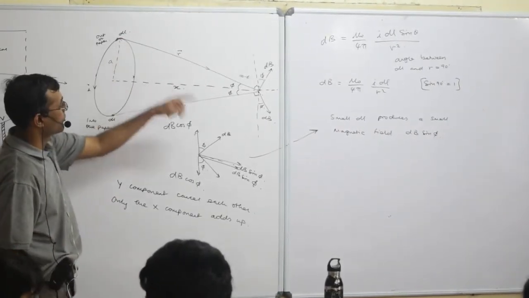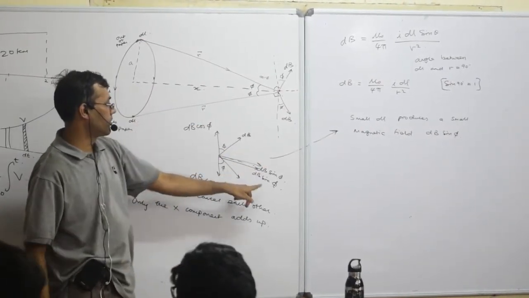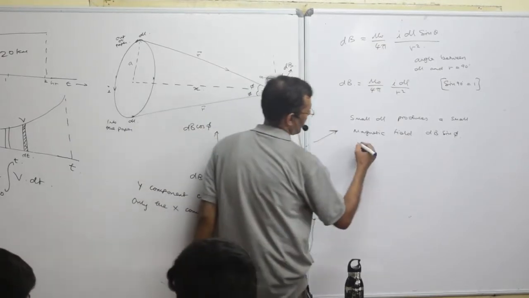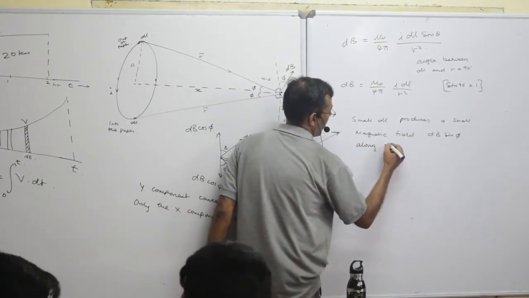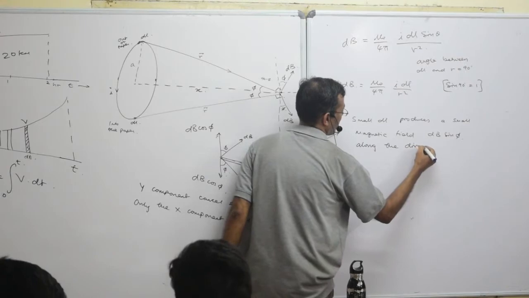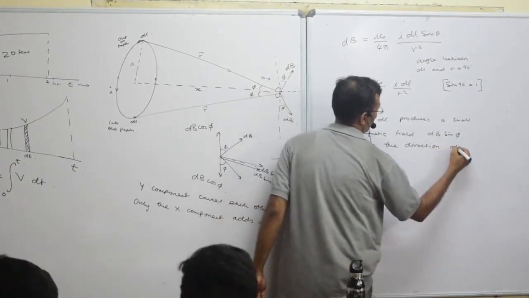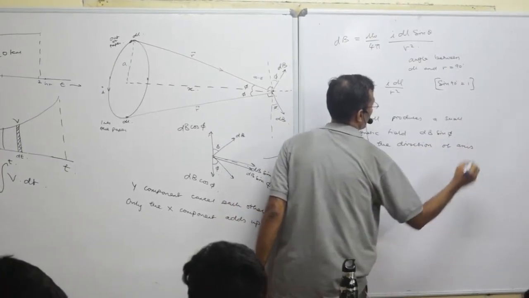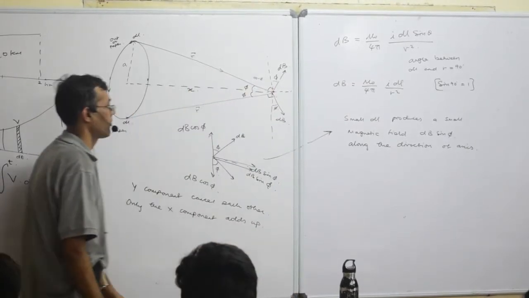So one dl is producing this one, another dl is producing this one, along the direction of axis. Okay.